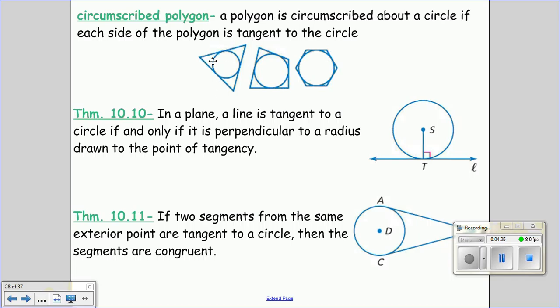So the first figure you see is a triangle surrounding a circle. The second one is a quadrilateral, and the third looks to be a hexagon. So not only are circles capable of circumscribing, but other figures are as well. And again, each side is tangent, so that means it touches the circle in one spot and only one spot.